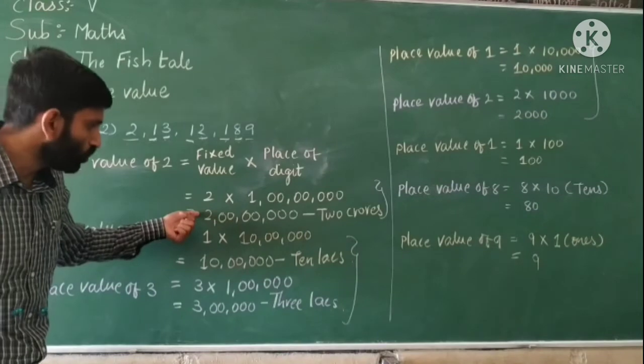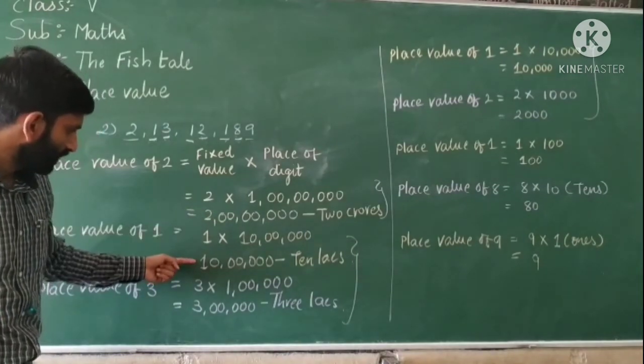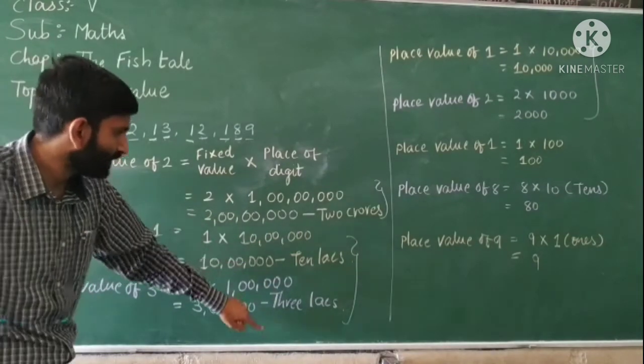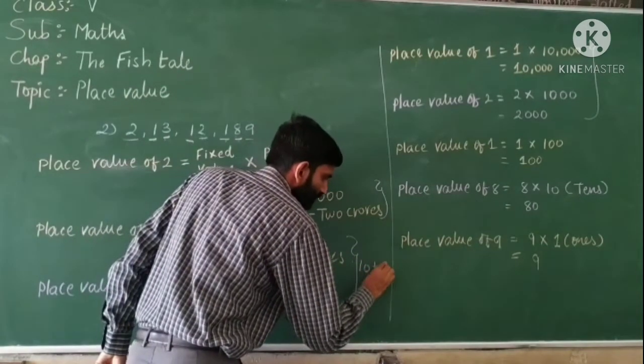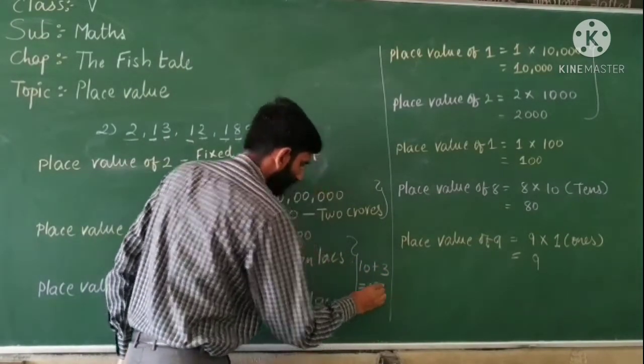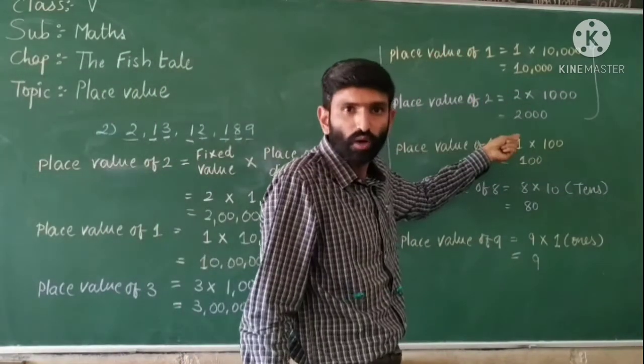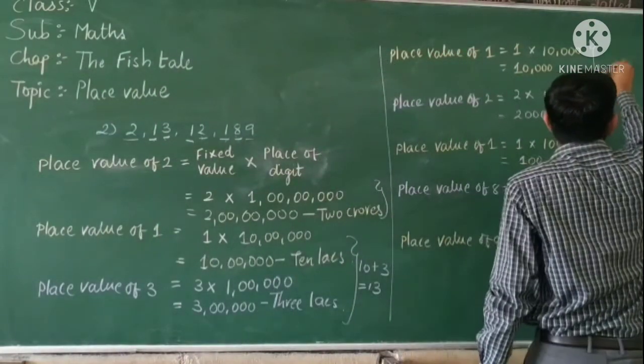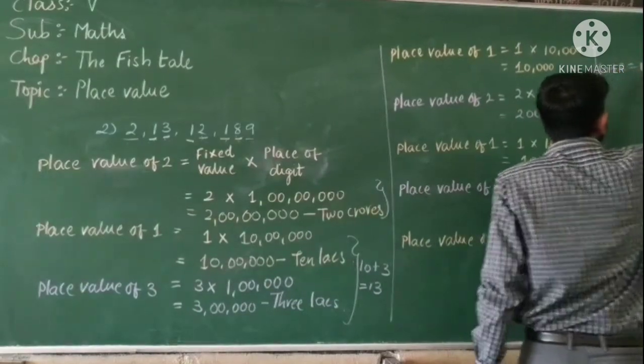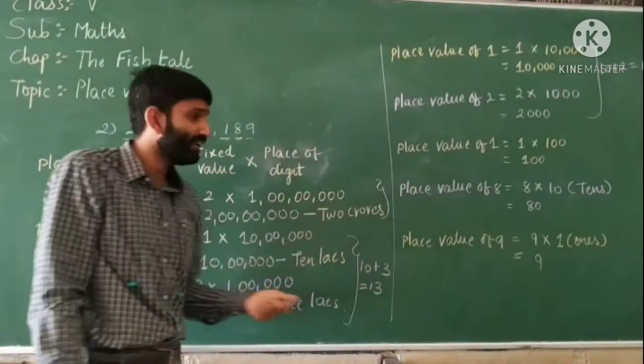Now this is 2 crore, 10 lakhs plus 3 lakhs, so it will become 13 lakhs. Here 10,000 plus 2,000 will become 12,000.